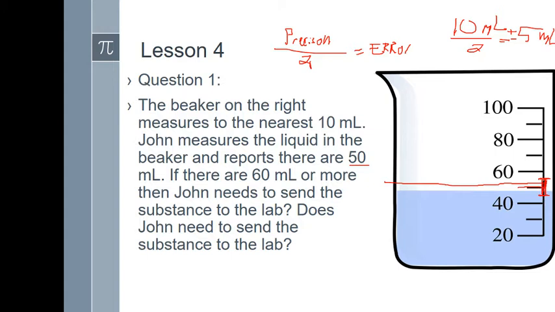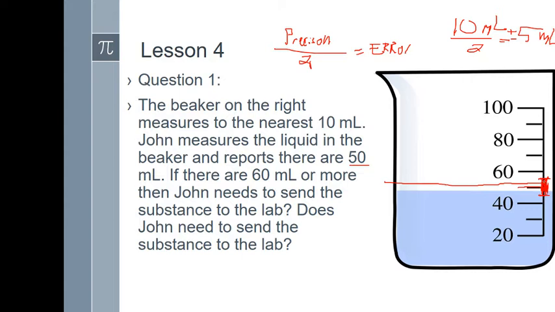I wouldn't be allowed scientifically to call it anything else. So even if I don't have a picture, if somebody says there's 50 milliliters in there and I know that it measures to the nearest 10, I know that it could be 50 plus or minus 5 milliliters. So there might be as much as 55 milliliters of liquid and as few as 45 in this case.